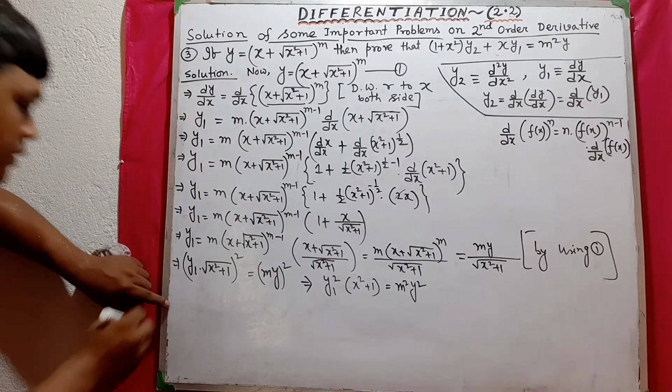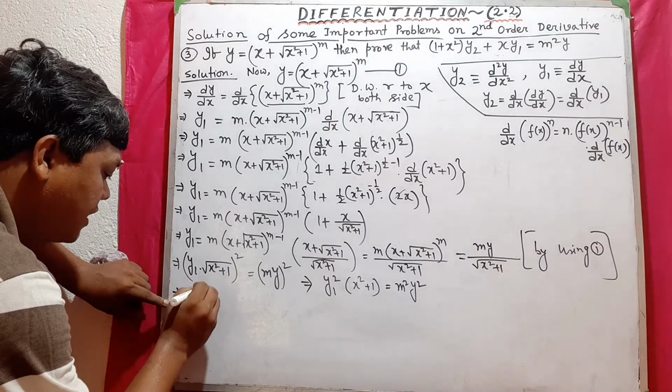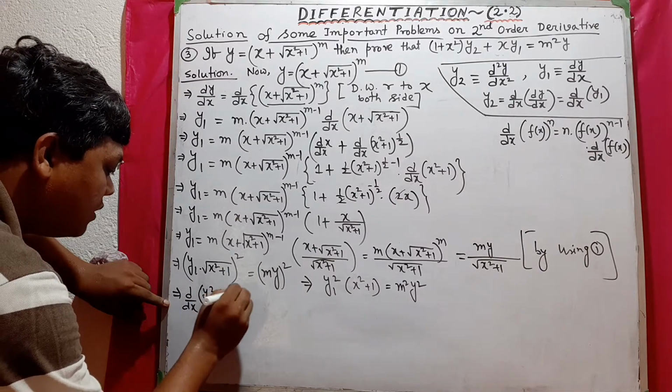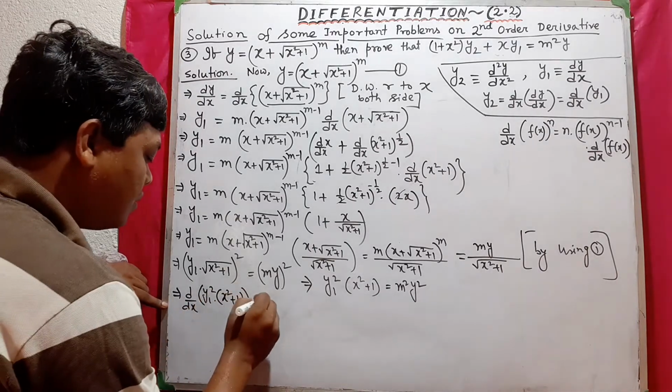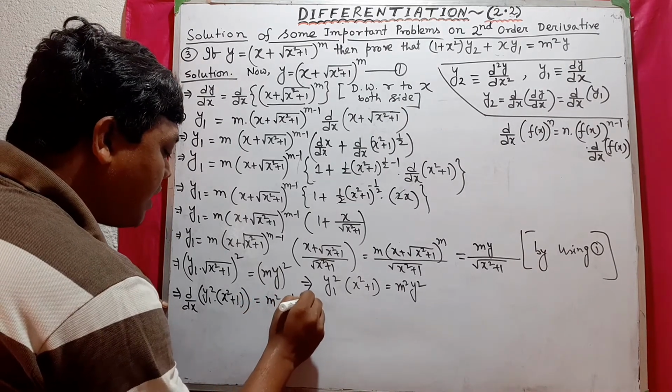Clear? So d/dx of y1 square into x square plus 1 equals m square into d/dx of y square.